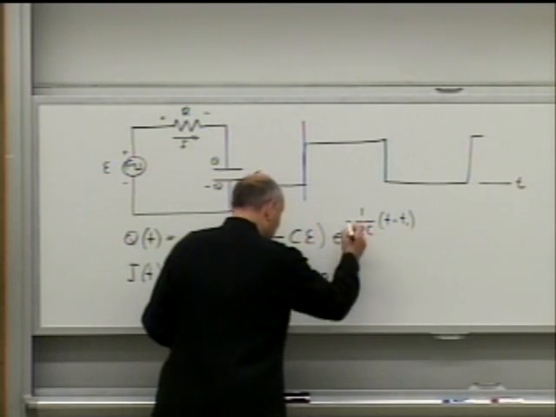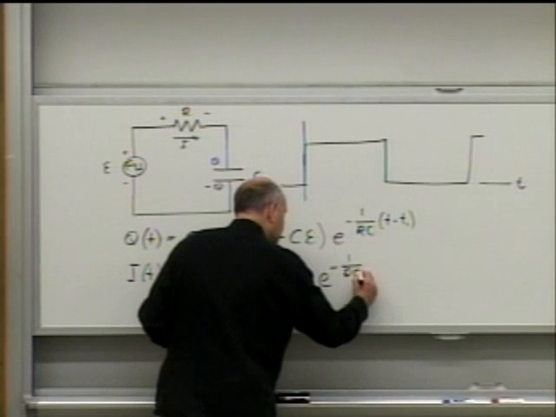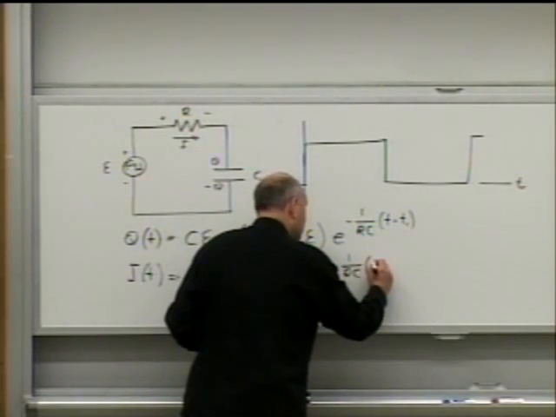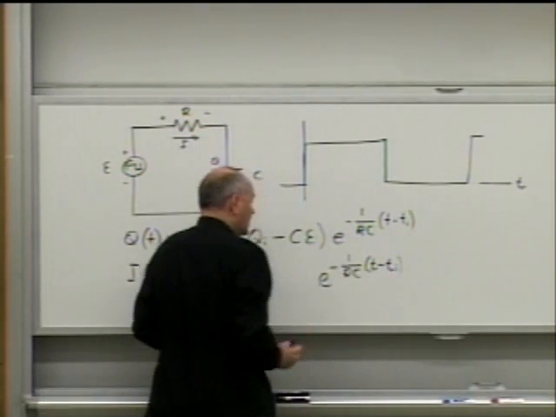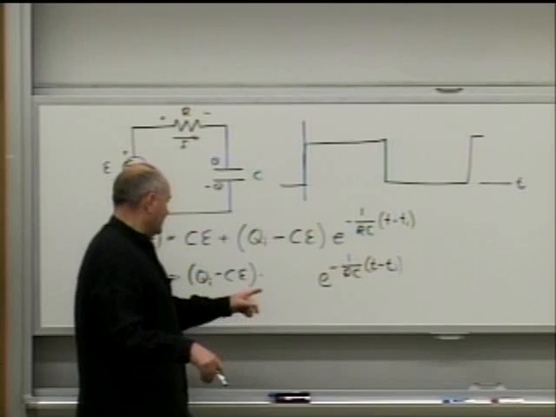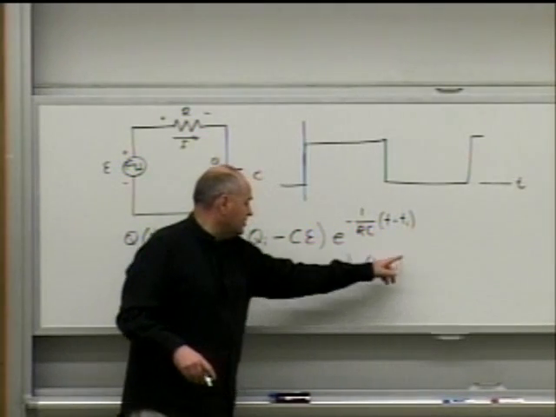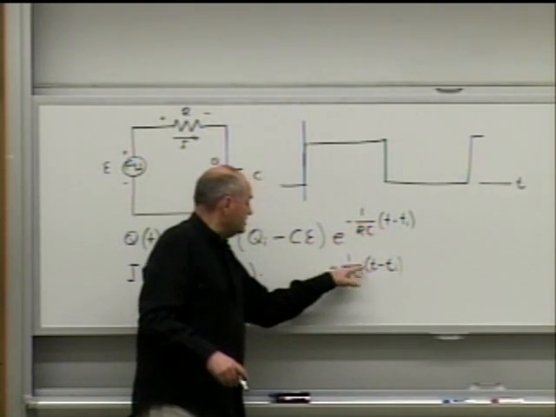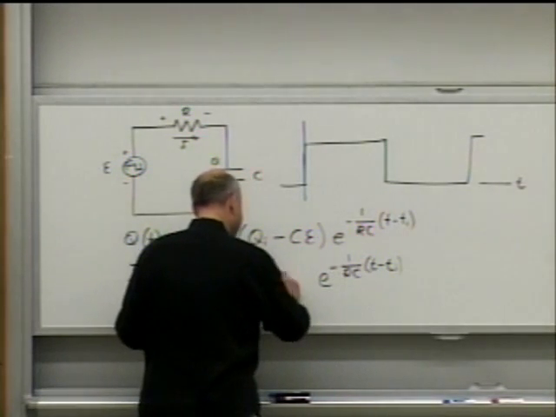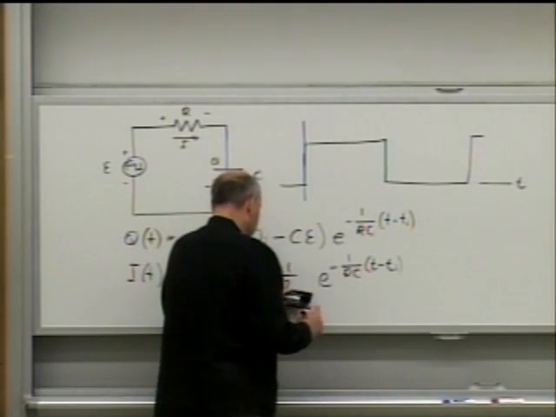So I will just copy it: 1 over resistance of the resistor, capacitance of the capacitor times the time which passed from the beginning of the interval. Now I have to multiply it by the derivative of the internal function. An internal function is a linear function, so it's just this coefficient here, minus 1 over RC.